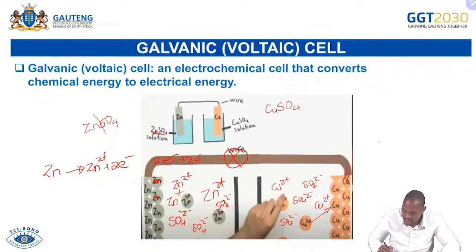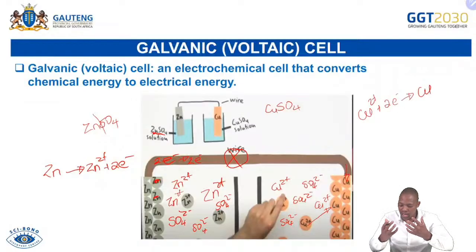Therefore, when it accepts the electrons, you have a Cu2+ accepting 2 electrons, then it becomes what? Remember, it was 2+, meaning it was missing 2 electrons to be neutral. Now it gains the 2 electrons from zinc.